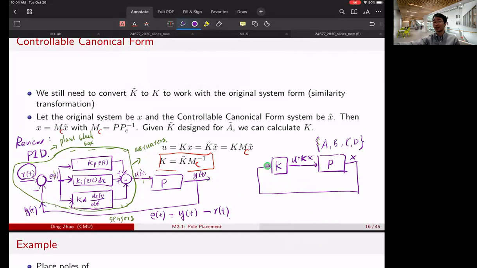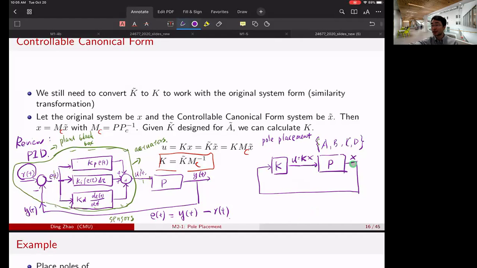One thing is you can design K directly, and you can not only drag these things back, you can also control the speed precisely using the eigenvalues, and you can also have multiple inputs and multiple outputs. So this is what we learned in the pole placement method in the last lecture. We gave a single input, single output example, but we can actually do multi-input, multi-output. That will be the end of this module.